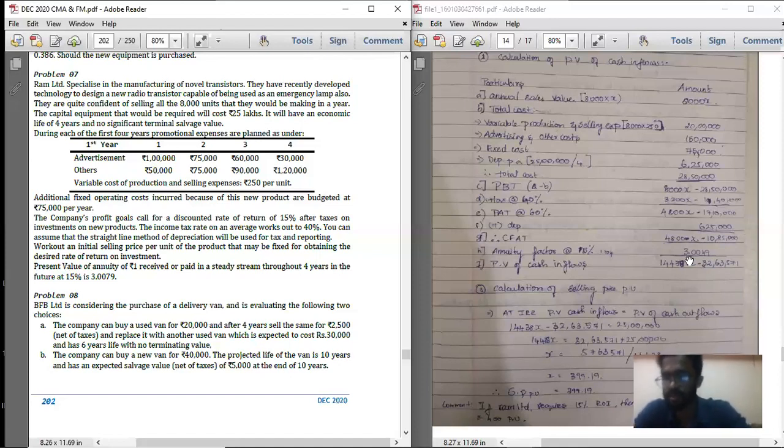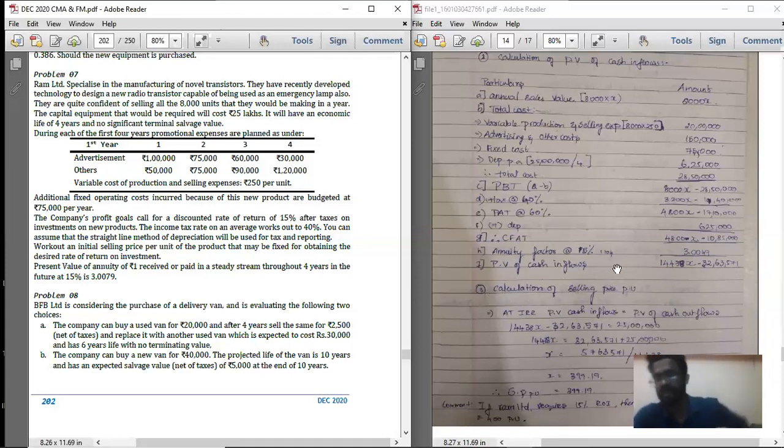You are getting 32,63,571. So next to that, record 14,438x minus 32,63,571. You are just multiplying CFAT with the annuity factor, so that you get the equation for present value of cash inflows at IRR: 14,438x minus 32,63,571. That is the present value of cash inflows at IRR.